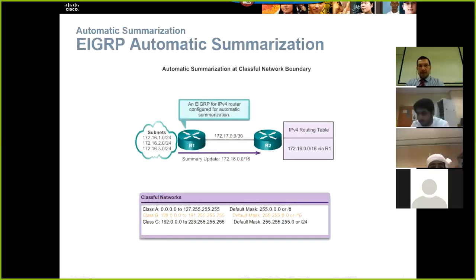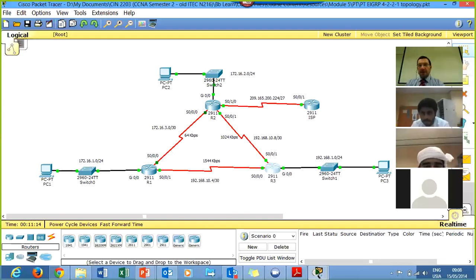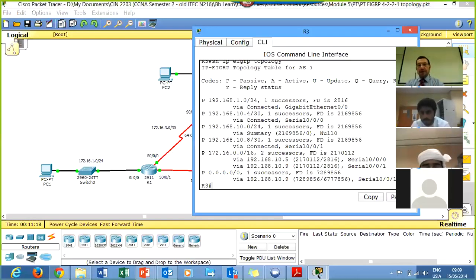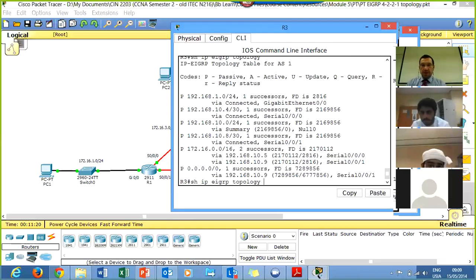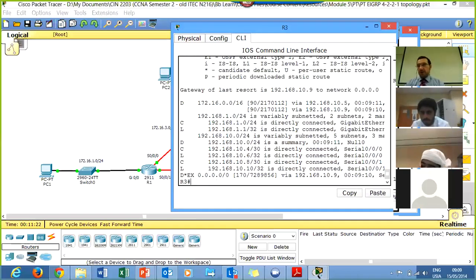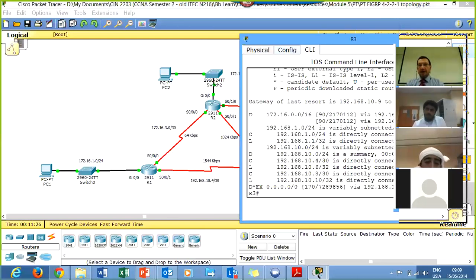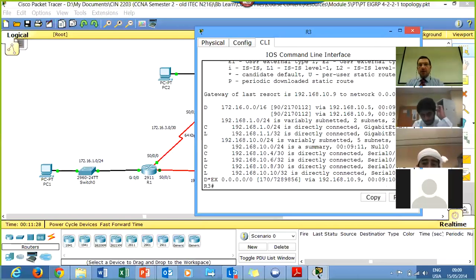Now, if you have a look at the Packet Tracer example here, let's say I do show IP route on R3, and this is with default summarization enabled. Notice that R3 says I can reach 172.16.0.0/16 via two paths, either via the 10.5 or 10.9 neighbor.